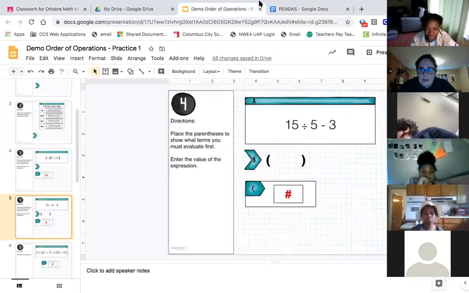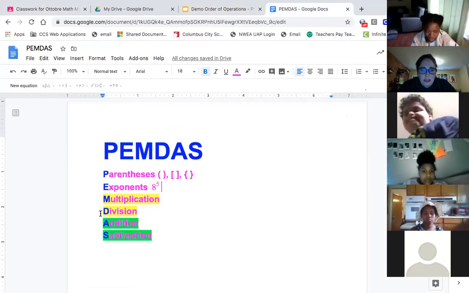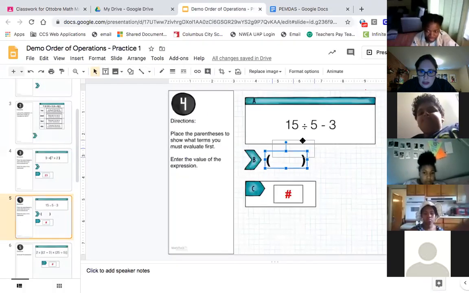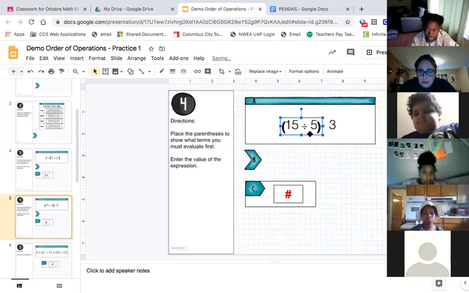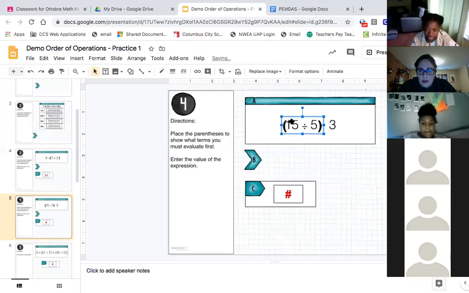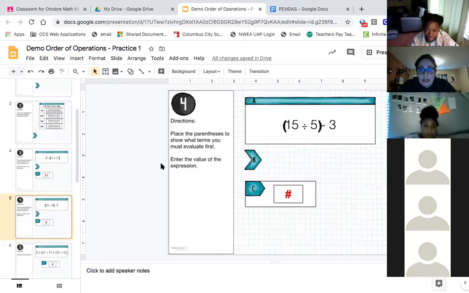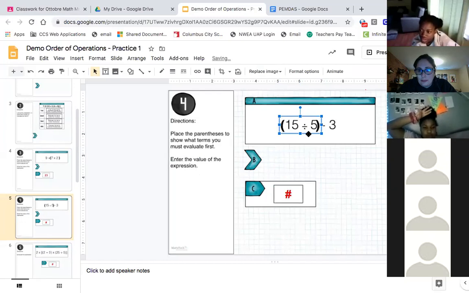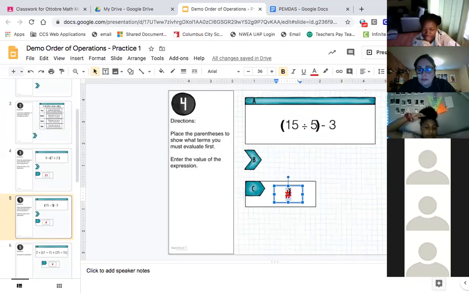So what did I have? Division or subtraction? Am I doing division first or subtraction first? Division. What is 15 divided by 5? 3. And what is 3 minus 3? 0. Boom. Shaka laka.